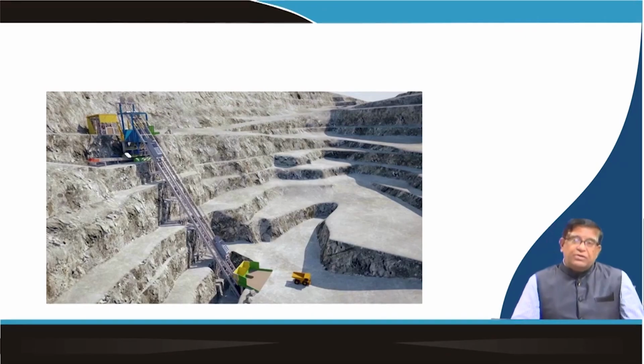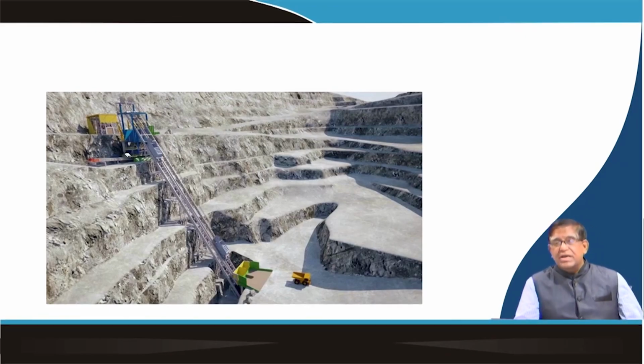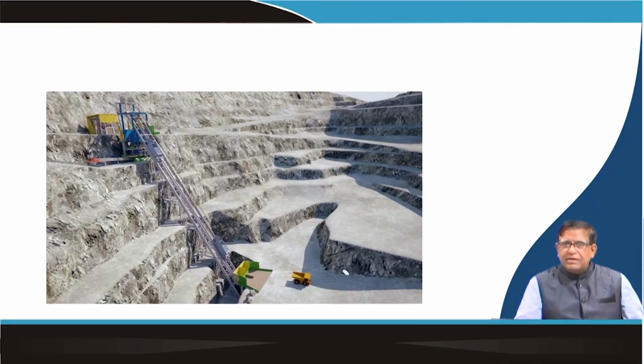So, sometimes in some of the mines, instead of travelling more than 3-4 kilometers, if the depth of the open cast mine is only 100 or 200 meters, you can have this skip winding system, and that will make it economic.